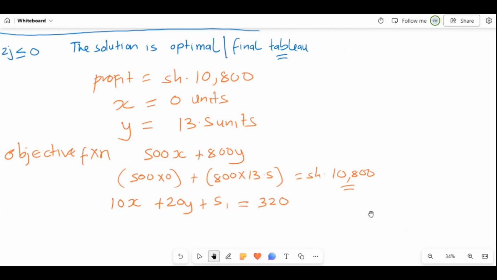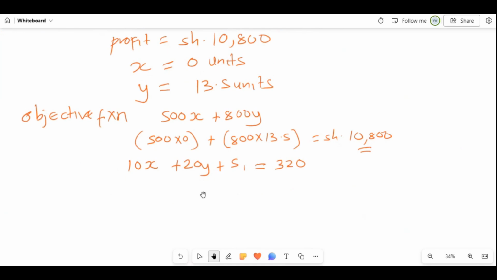Let's see what happens. We already have our values of x and y, so it will mean that we have 10 times 0 plus 20 times 13.5 plus S1 should be equal to 320. Let's see whether all these labor hours were fully utilized.